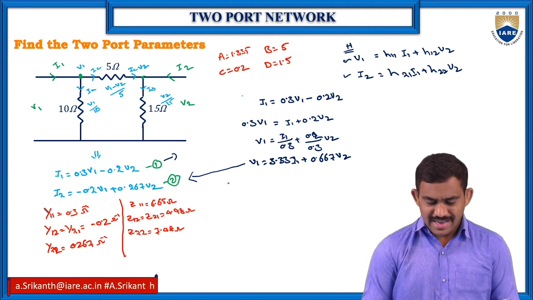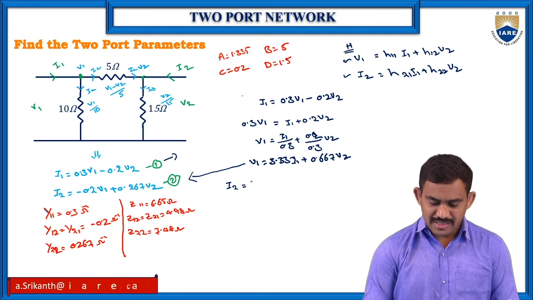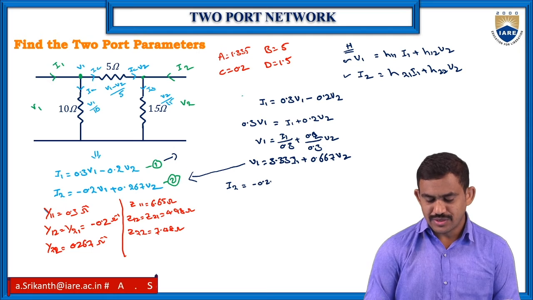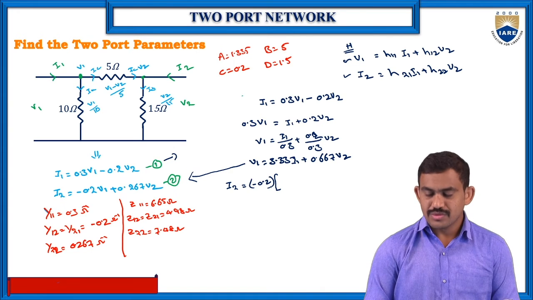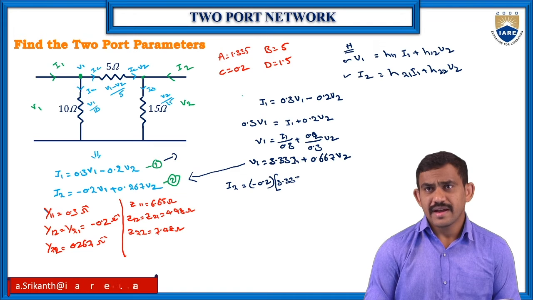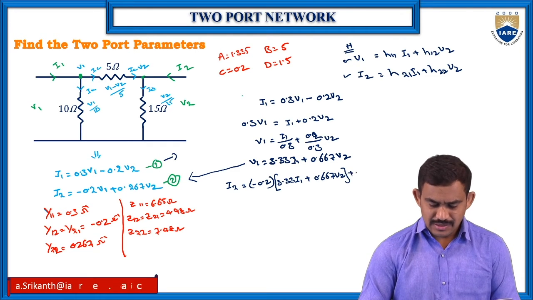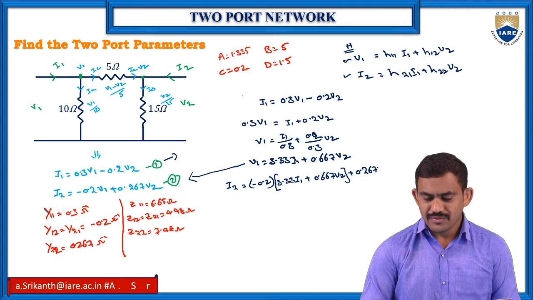Okay, now I2 equal to, just remove the V1 and write the equation: minus 0.2 into your V1 value, that is 3.33 I1 plus 0.667 V2, plus 0.267 V2.